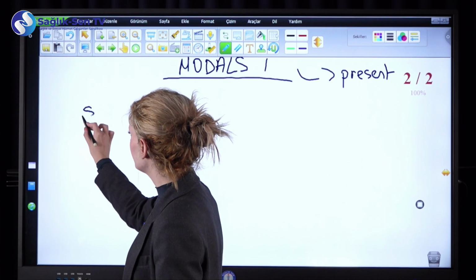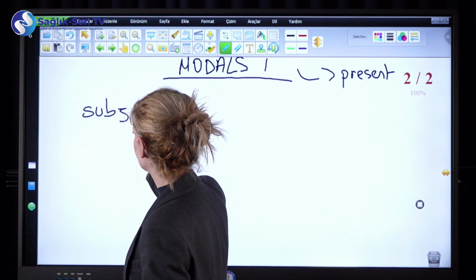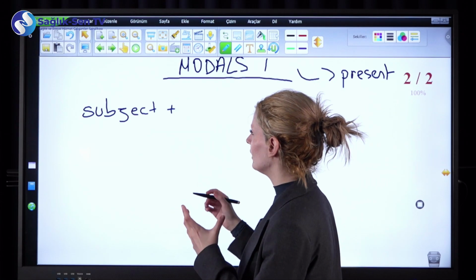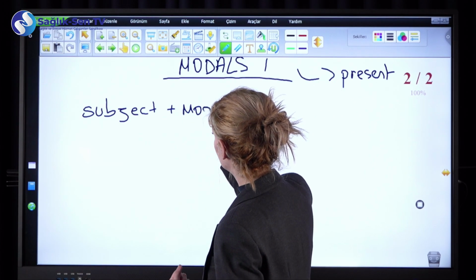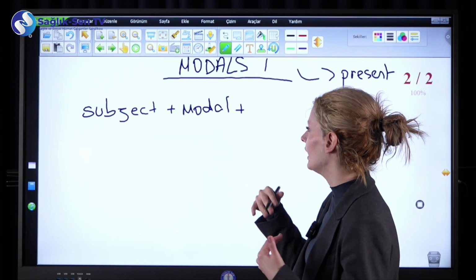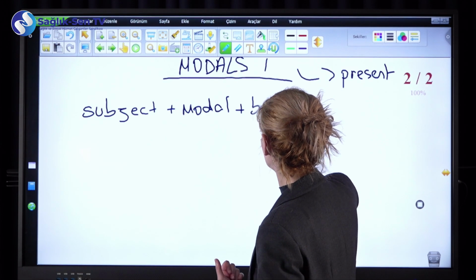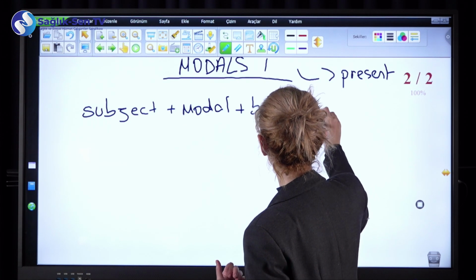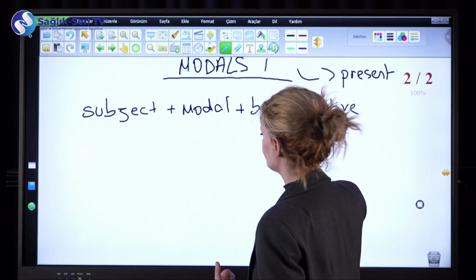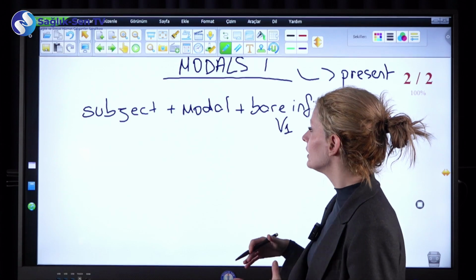It doesn't matter what subject we're using in our sentence, we always use our modal in its own form and then the bare infinitive, which we can also call verb 1.